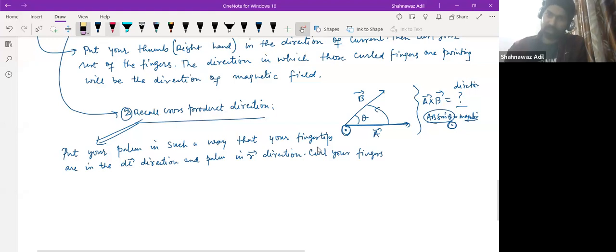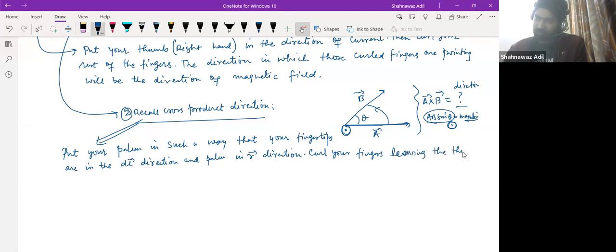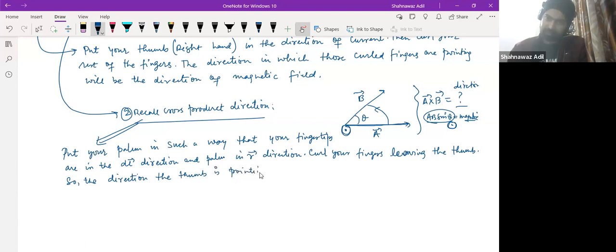Not the thumb also, curl your fingers, leaving the thumb. The direction the thumb is pointing at will be the direction of the magnetic field, which is dl cross r.